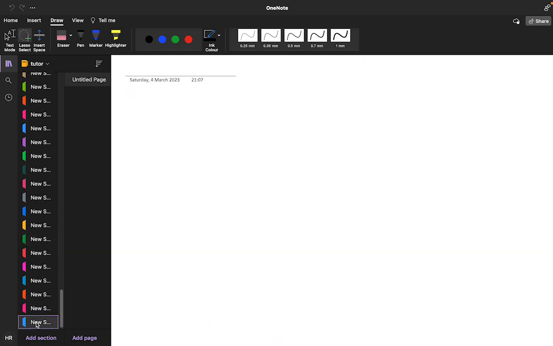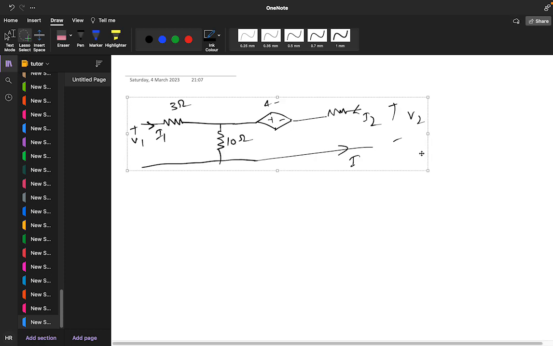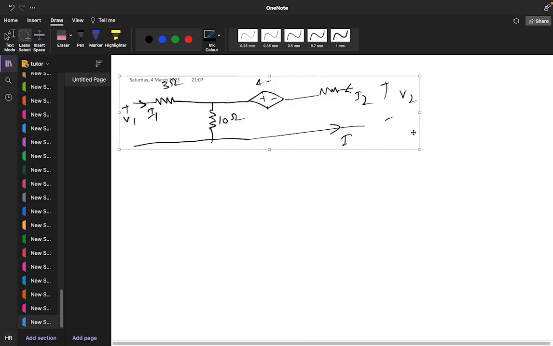So Prasanna, what is the equation for the t parameter? Can you tell me what was the equation for a t parameter? V1 equals AV2 minus BI2.